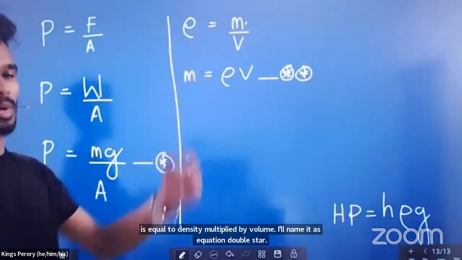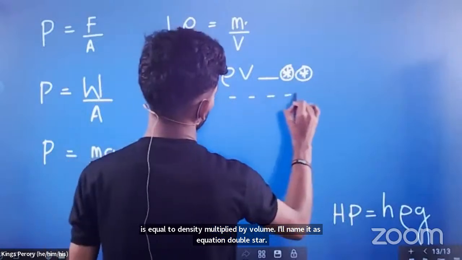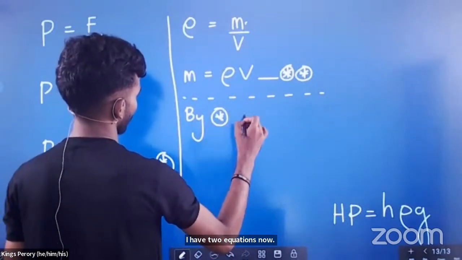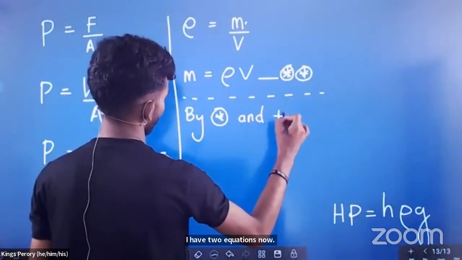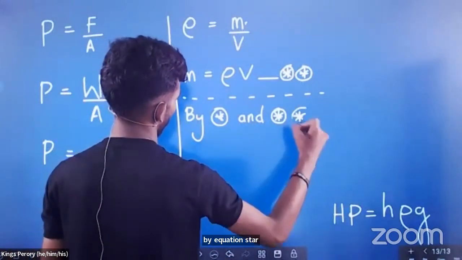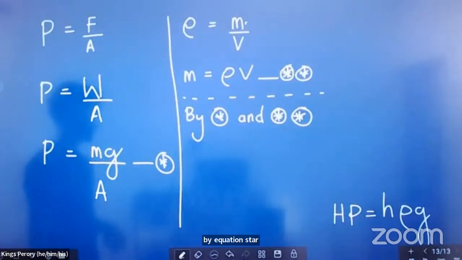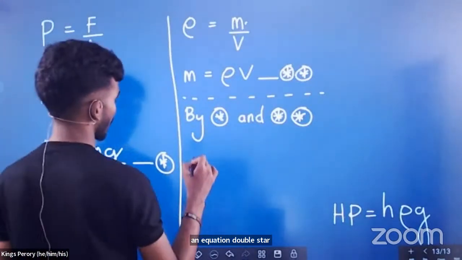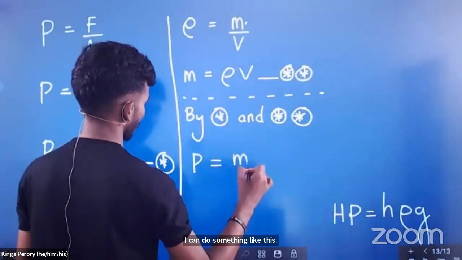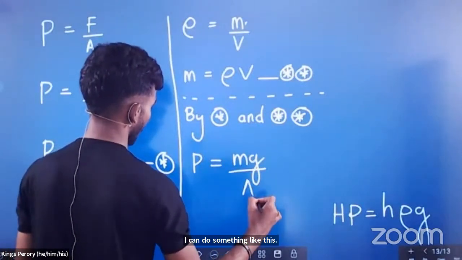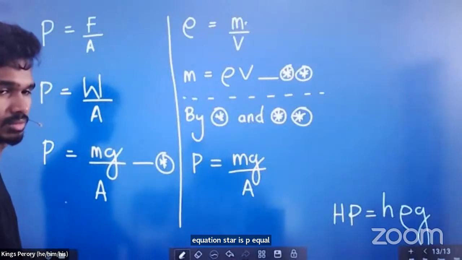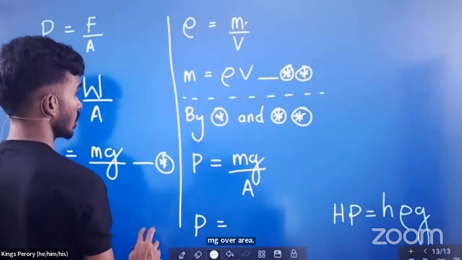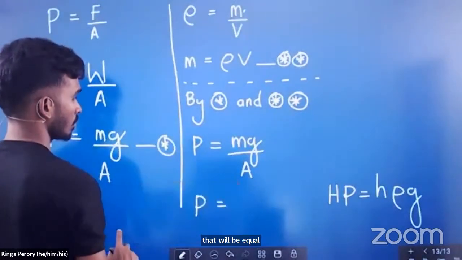I have two equations now. By equation star and equation double star, I can do something like this. Equation star is P equal mg over area. You all tell me now, what is m?